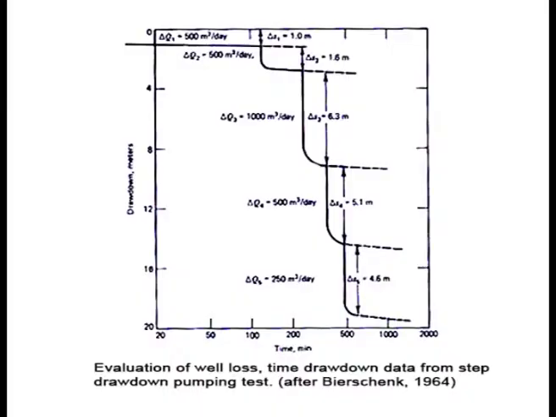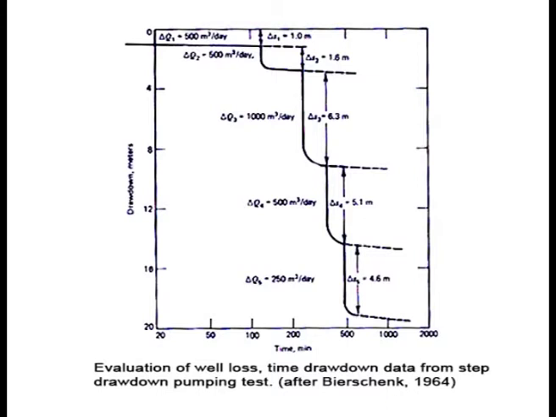For example, we pump a well at 500 cubic meter per hour, then 750 cubic meter per hour, then 1000, 1500, then we come back down to 1000, 750, and 500, and every time we determine the delta S, that is the additional drawdown.